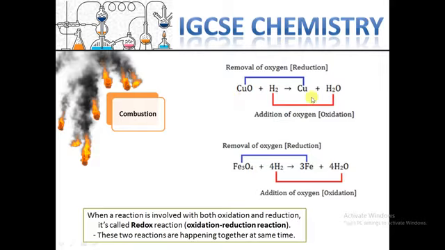This type of reaction which has both reduction and oxidation we call redox. Later we will study more about redox. These two reactions happen together at the same time. They rely on each other.